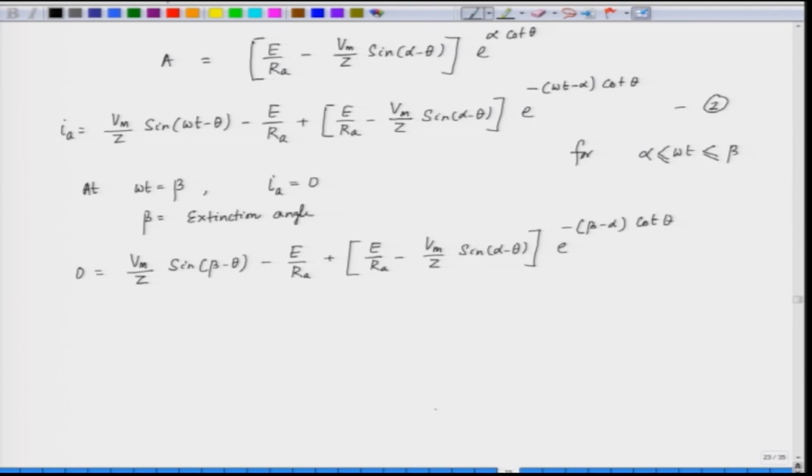So, this is a transcendental equation. This is not a simple algebraic equation, because it contains sine and exponential functions. So, we have to evaluate what beta is. Beta, the extinction angle, can be evaluated iteratively from equation number 3.